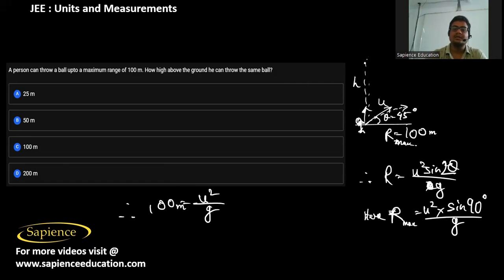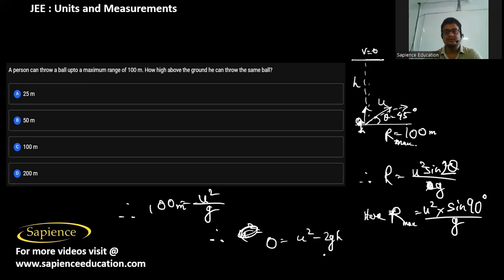Now let's say the maximum height he can reach if he throws vertically is h. So v square equals u square minus 2gh, where v is 0 when you reach the top. So therefore u square by 2g is equal to h.